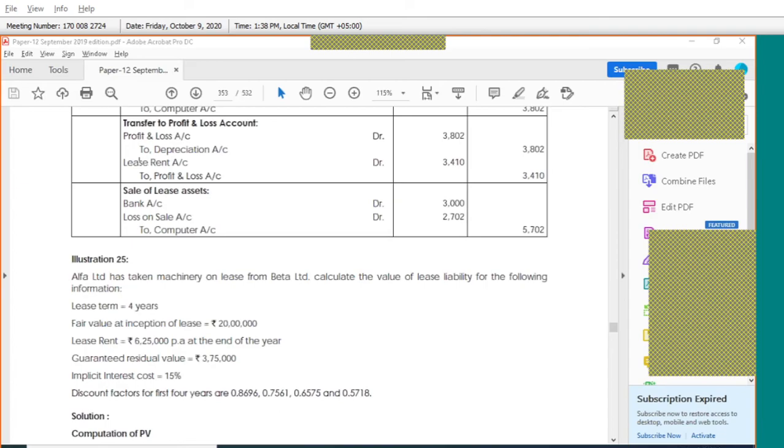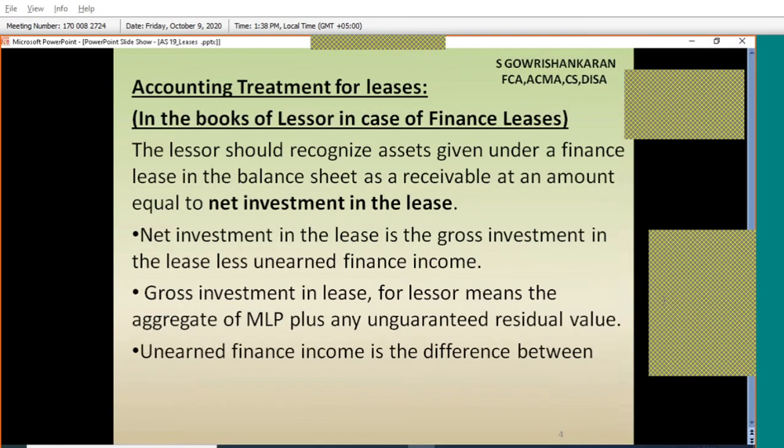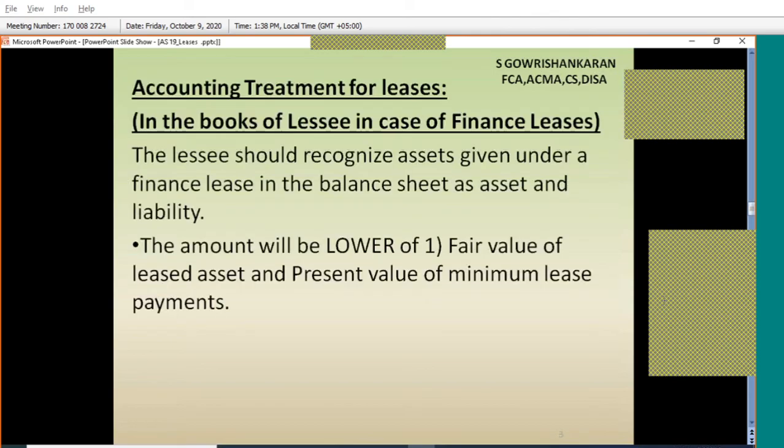Okay. So with this understanding, assuming this is a finance lease, we have to work out the value of lease liability. Why do we have to work out the value of lease liability? In the books of the lessee, the lessee should recognize assets given under finance lease in the balance sheet as an asset and liability.